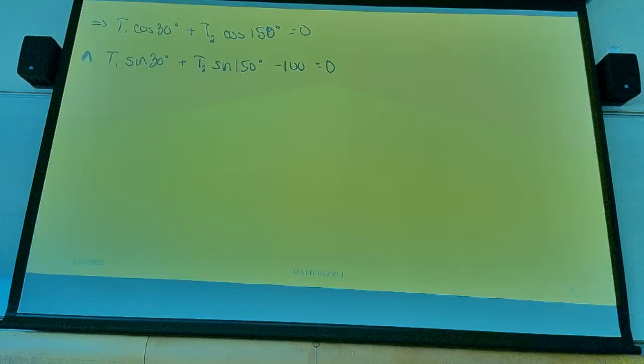Look at that first equation. This is where I'm going to use reference angles. Cosine of 150 degrees is the same as negative cosine of 30 degrees. So equation 1 is going to give us T1 cosine 30 minus T2 cosine 30 is 0.